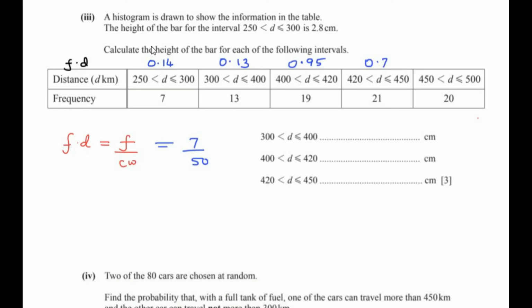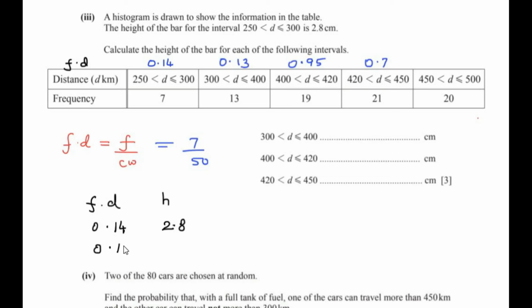Now the next thing is we need to find out the height of the bars. Here the relationship between the frequency density and the height is, let us consider the first class interval. Let us write frequency density and the height. The frequency density of the first class interval was given as 0.14 and the height of the first class interval was given as 2.8. Now let us find out the height of the second class interval if its frequency density is 0.13.